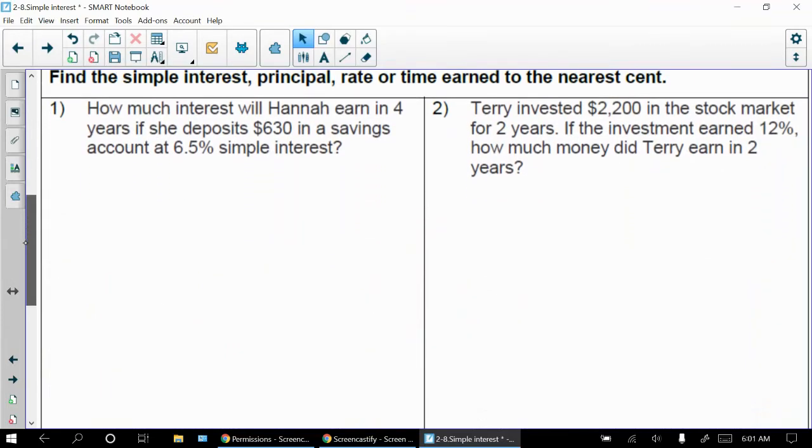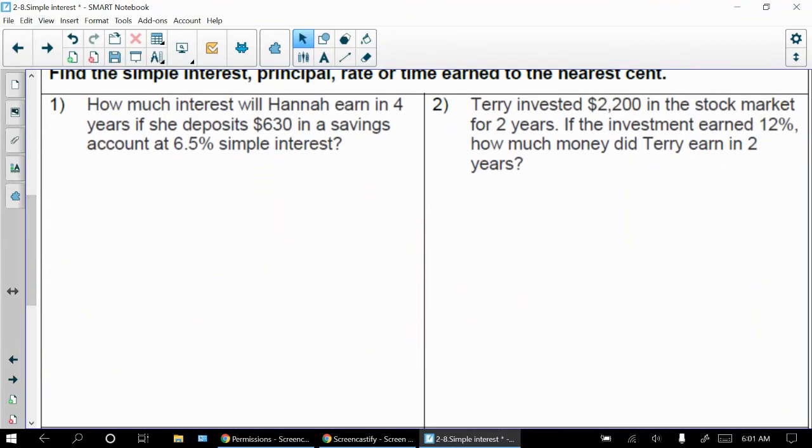All right, so how much interest will Hannah earn in 4 years if she deposits 360 at 6.5%? So we have to use that information. So I equals, and they already told us how much.